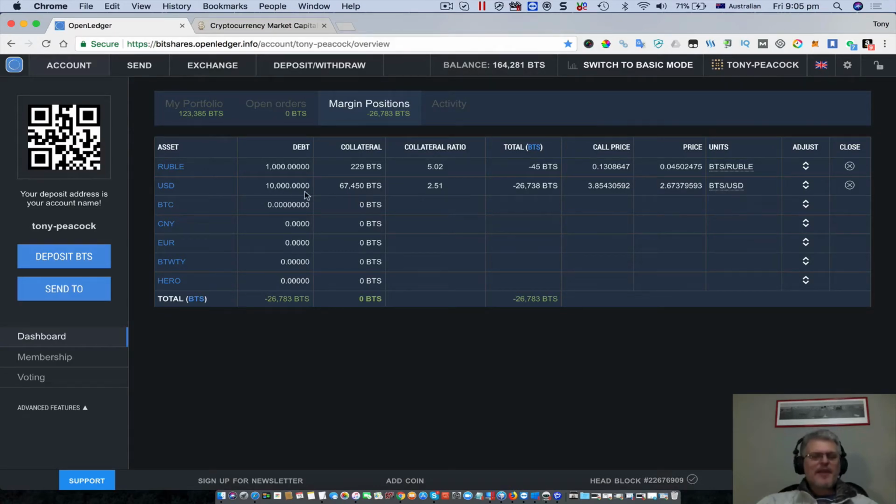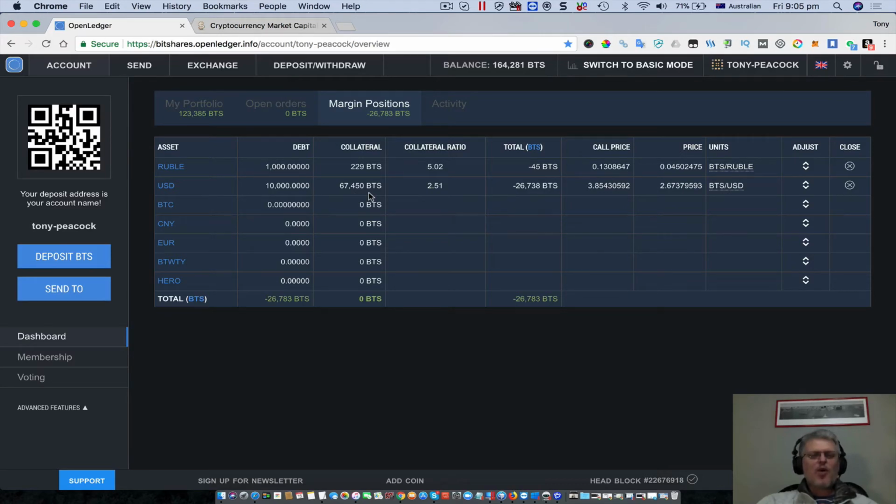I haven't spent the 10,000, so I actually haven't risked anything. I've just borrowed the money, and if this started dropping and the Bitshares price started dropping for whatever reason, I can just click here, close my position, and no problems. Okay, so what I've done is I've borrowed the 10,000 and I've collateralized that with this much Bitshares.